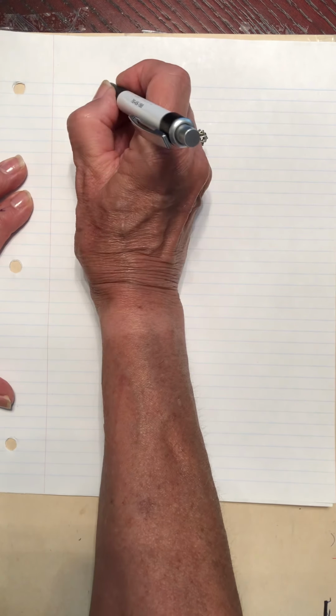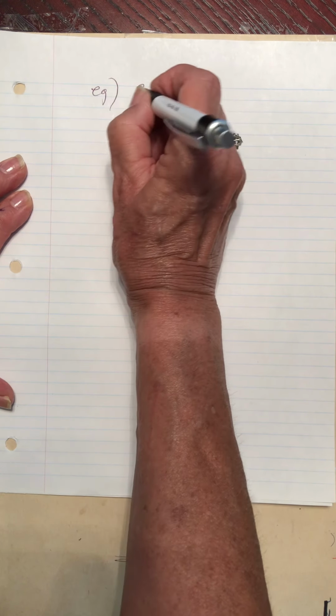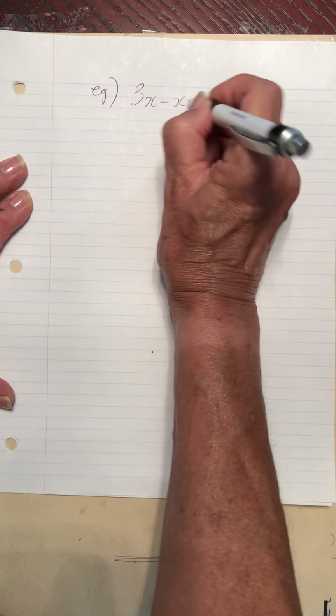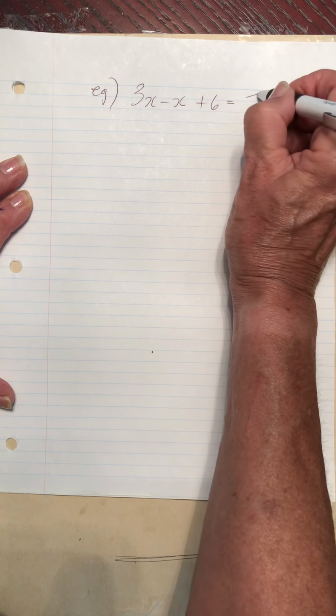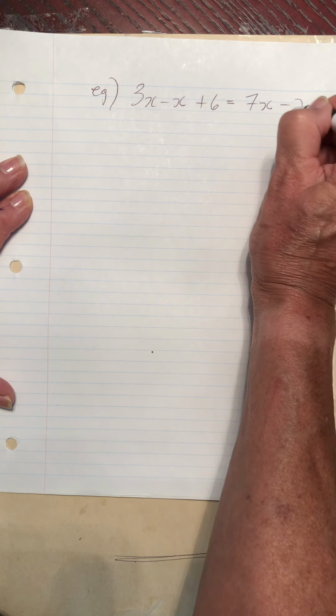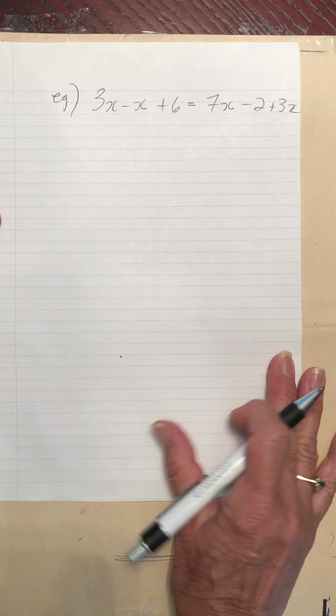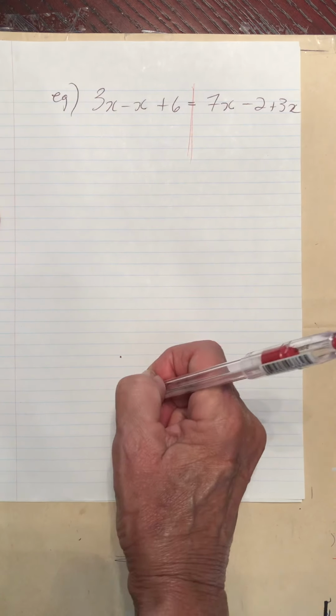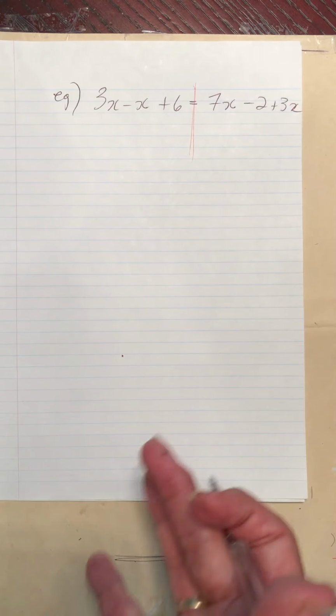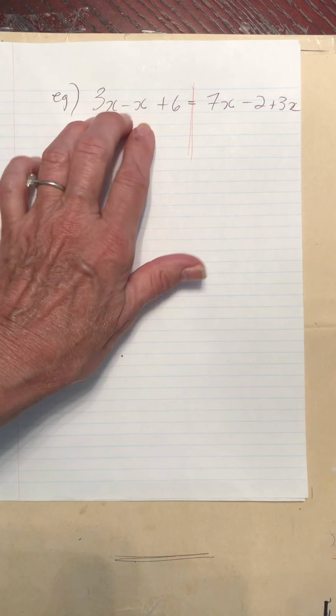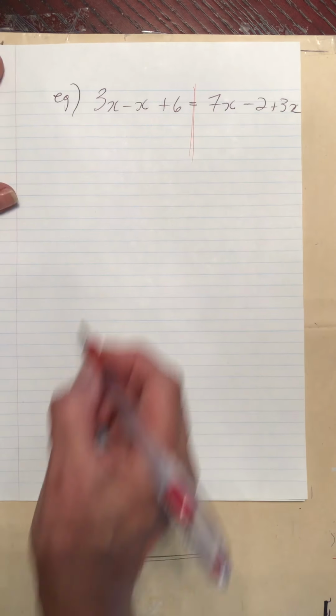Okay, so we will start with 3x minus x plus 6, and then 7x minus 2 plus 3x. Whoa, all right, big deal. It's an equation. But I can't say there's a certain side to start on because there's x's on this side, but there's also x's on this side.